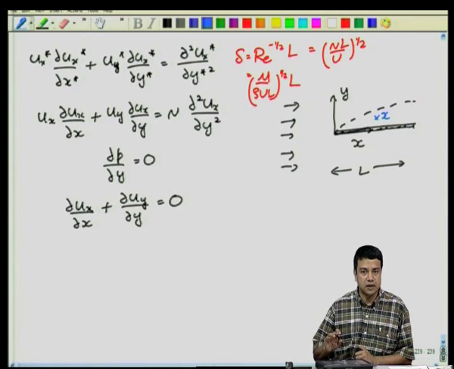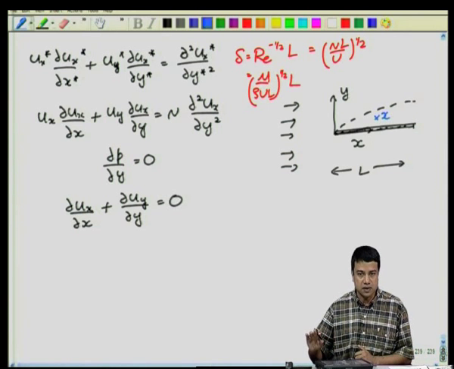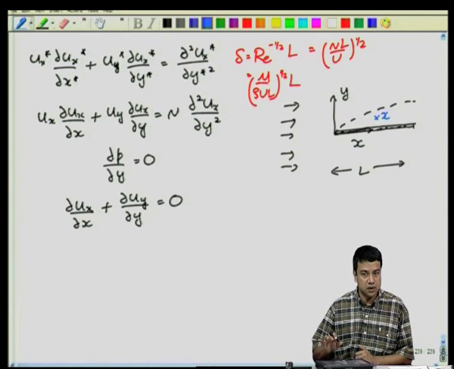Therefore, the velocity field at a given location x cannot be affected by what happens at downstream locations. Alternatively, the velocity field at this location x cannot depend upon the total length L, because that total length L is downstream of this location x.